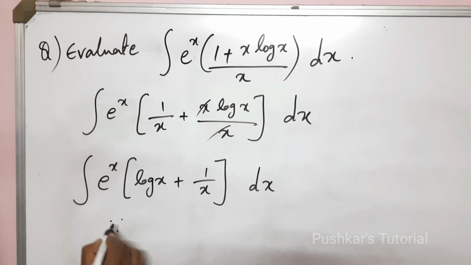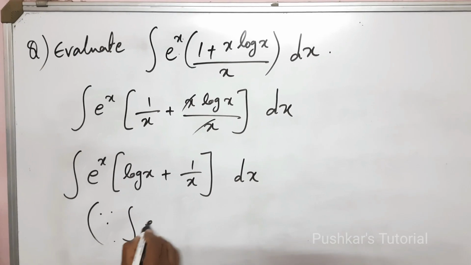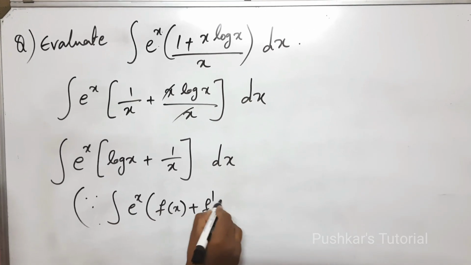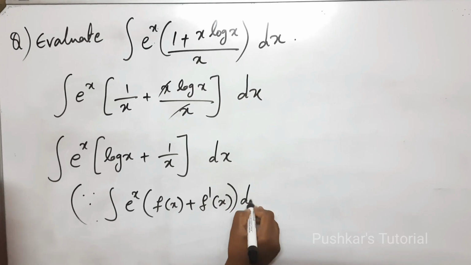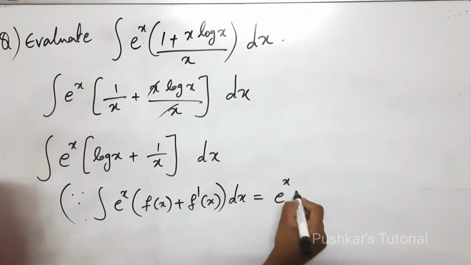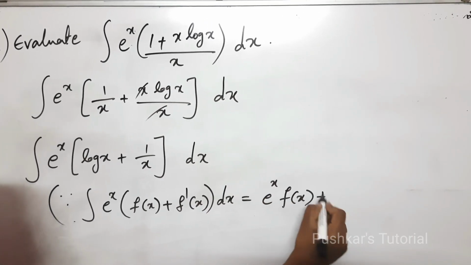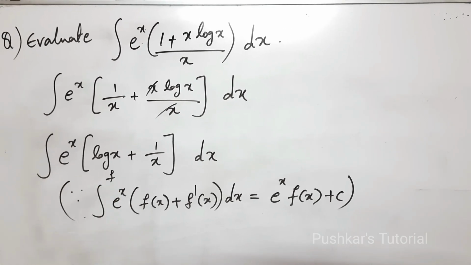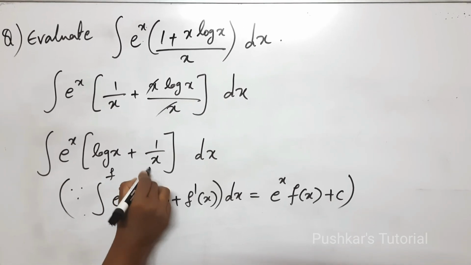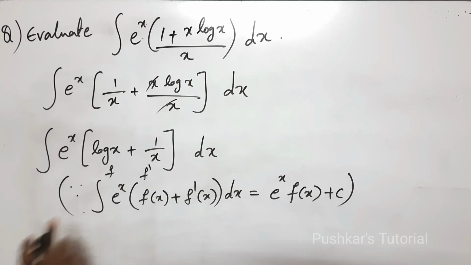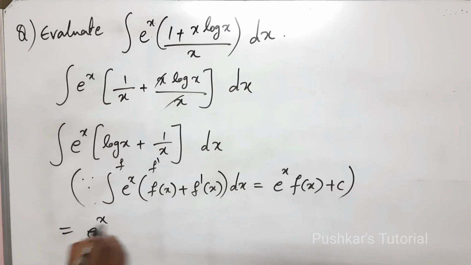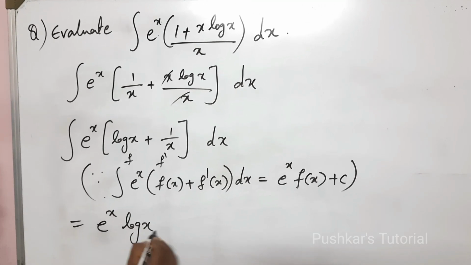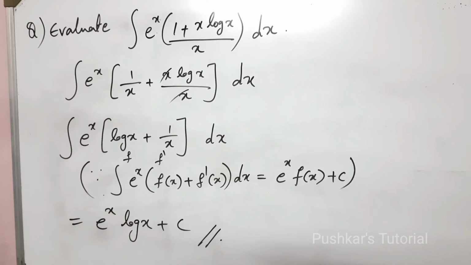Now it looks like the formula: the integral of e^x (f(x) + f'(x)) dx. The formula is e^x f(x) + c. Here observe, log x is one function, and its derivative is 1 by x. So it looks exactly like the formula. So the answer is e^x f(x), with f as log x, plus c, the constant.